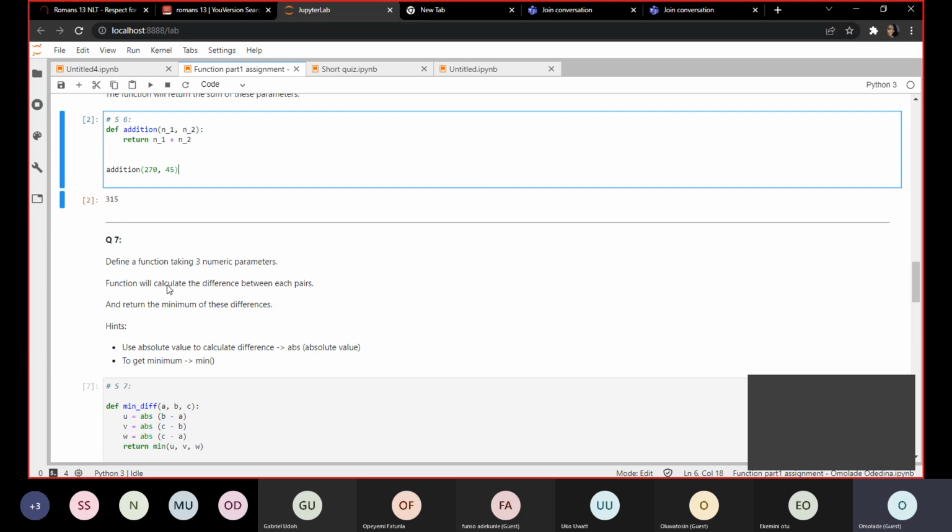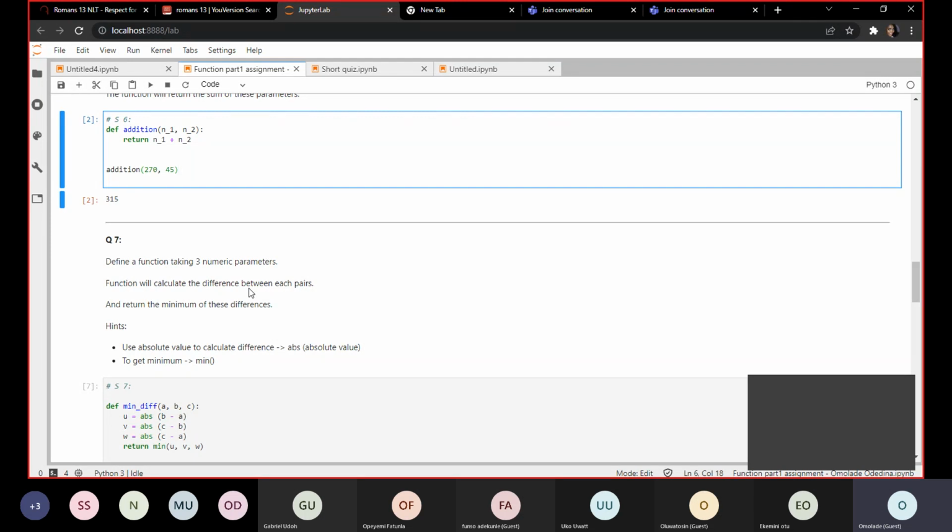So the function will calculate the difference between each pair. When we see pairs, we know it is talking about two things, like a couple. When you say you have a pair of shoes, that means you have your left leg and your right leg, or maybe 2 left or 2 right. But when you talk about pairs, you know they're talking about 2 things to become one. A pair of shoes, we know that we have 2 shoes.